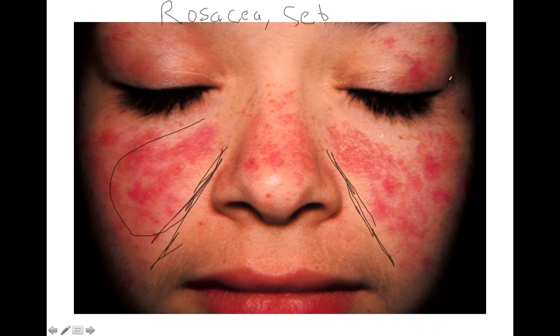Seborrheic dermatitis occurs in areas where there is excessive sebum production. What is seborrheic dermatitis? Basically, it's a severe form of dandruff. So if the patient has an excessive amount of seborrheic dermatitis, what is the first test you will do?